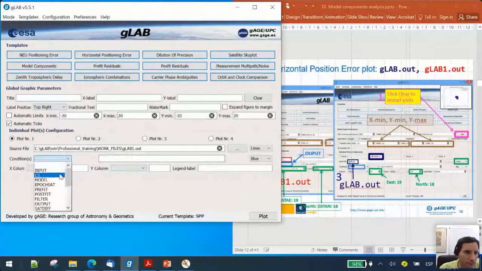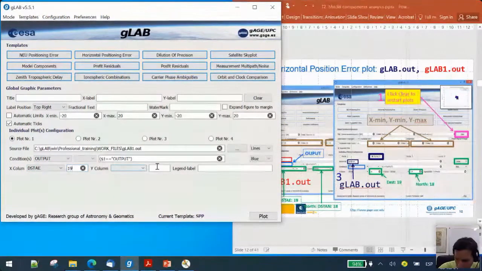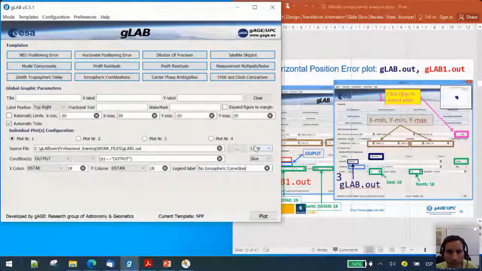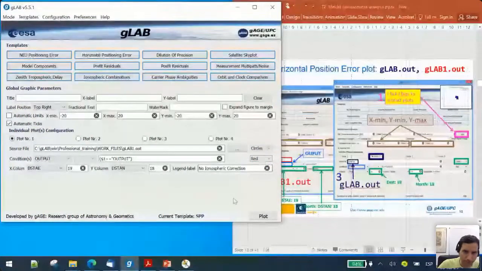So basically, we put the output condition, and then we write 19 and 18. And here we write no ionospheric correction to have it fully like the slide. Because we have one less term in the model, we put red circles.